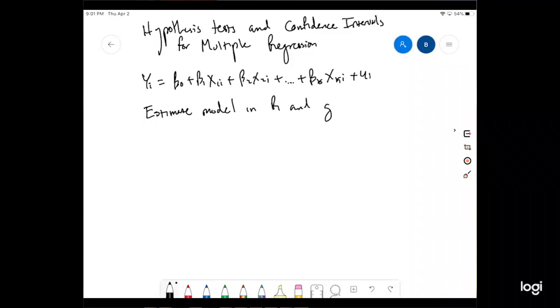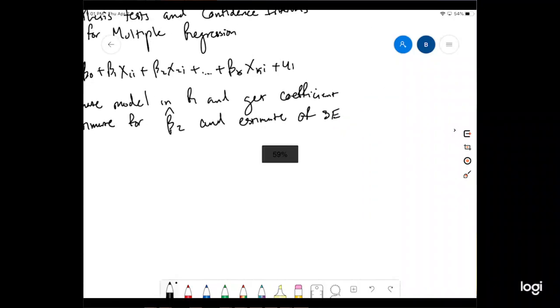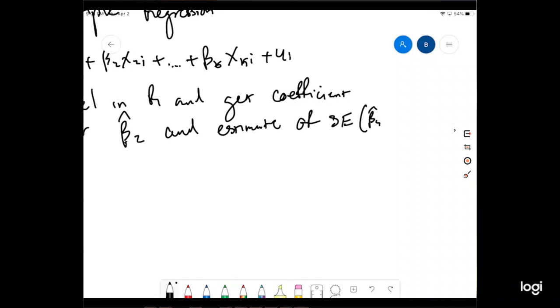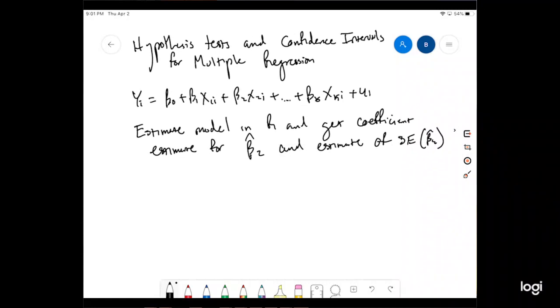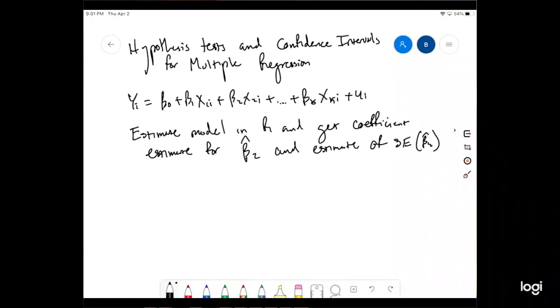And of course, if you have an estimate of beta 2 hat, you will get an estimate of the standard error of beta 2 hat. In order to perform our confidence interval or our test, we need to also know the standard error of our coefficient.